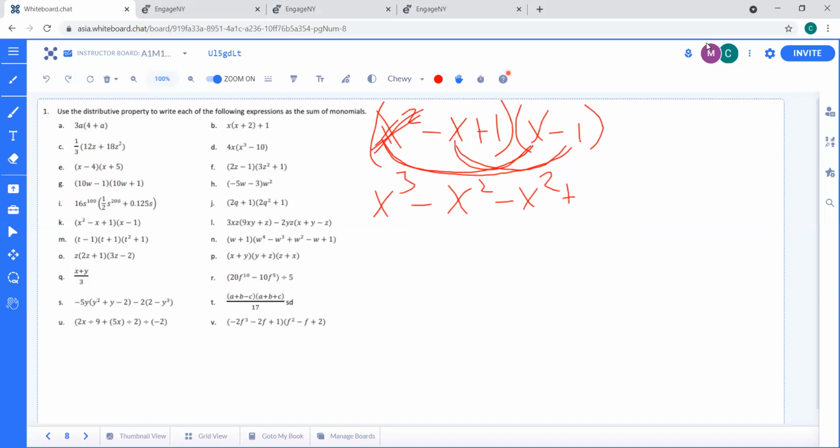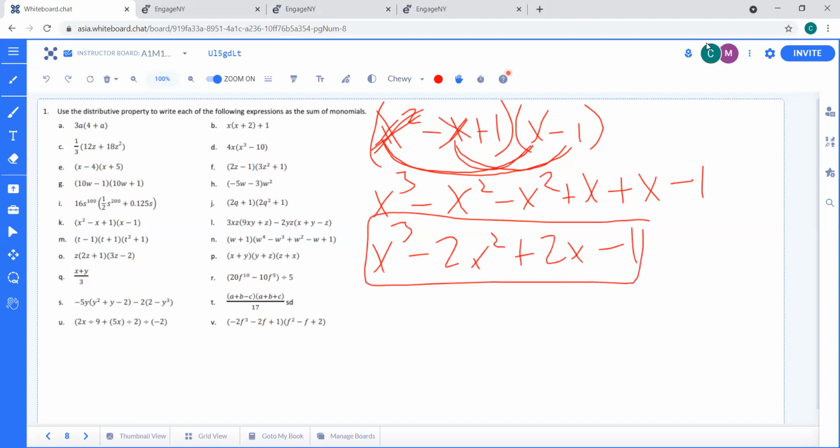Okay. x squared plus x. So now that one's done. And this will be plus x minus 1. Yep. Okay. Now I have x cubed minus 2x squared plus 2x minus 1. Now that's right. Glad I checked that.